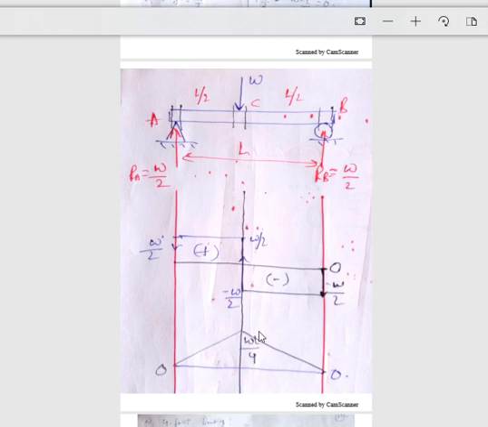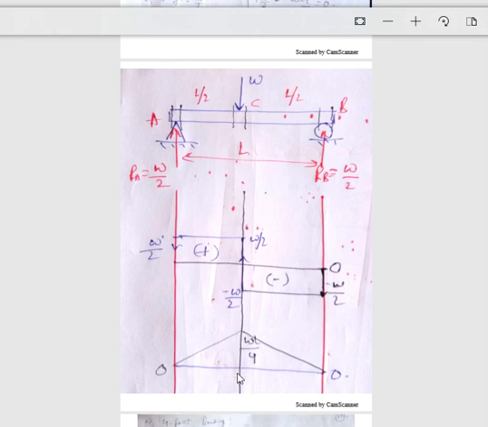Here you can see that the maximum bending moment is WL by 4. This we have used in our lab, where sigma B equals M by I into Y. In that M value we have used WL by 4 because it is the maximum bending moment, and whenever the maximum bending moment is there, the bending stress will also be maximum.